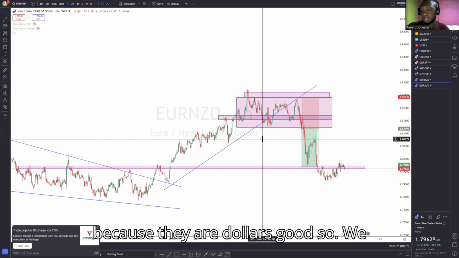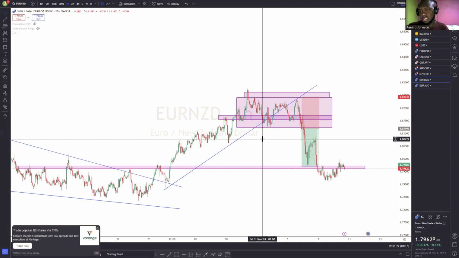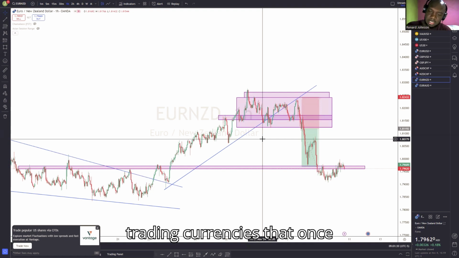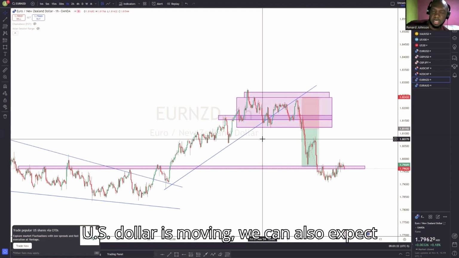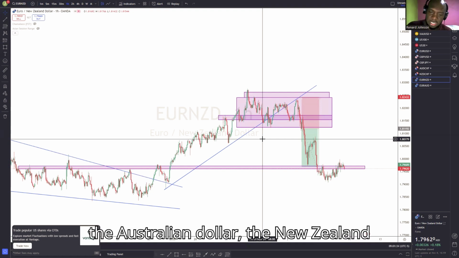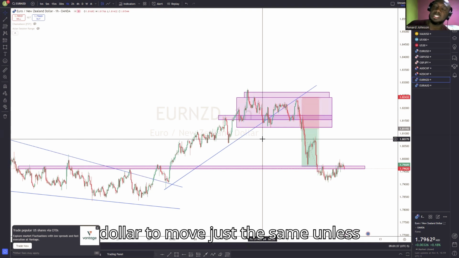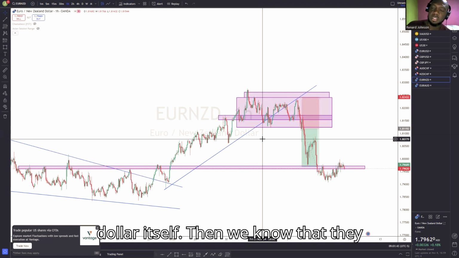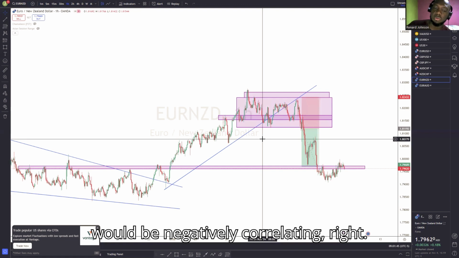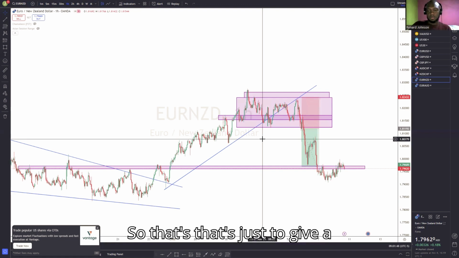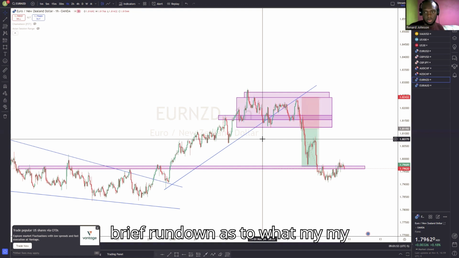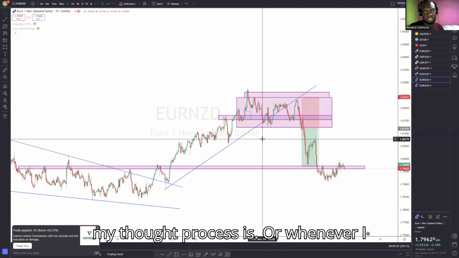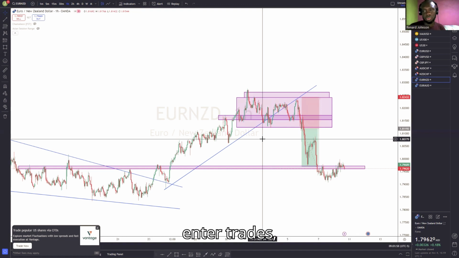So we have to bear that in mind whenever trading currencies: once the US dollar is moving, we can also expect the Australian dollar and the New Zealand dollar to move just the same, unless it is trading against the US dollar itself. Then we know that they would be negatively correlating. So that's just a brief rundown of what my thought process is whenever I enter trades.